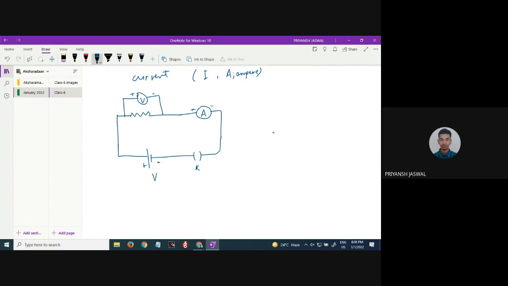So this is our circuit. The voltmeter has been connected across the resistor in parallel, and the ammeter is in series with the resistor.